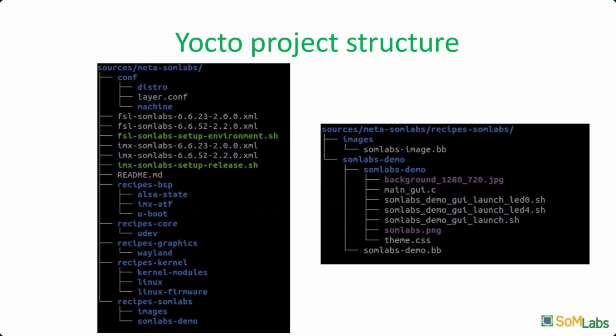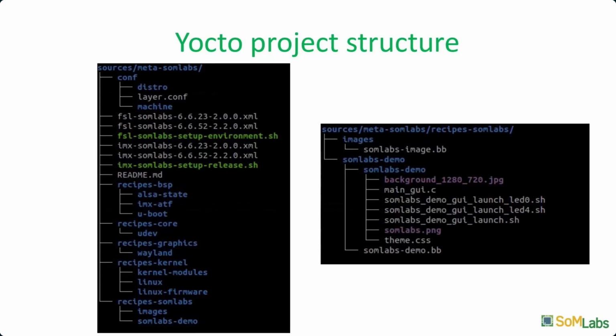In each meta layer we will find different recipes containing software packages, and each directory within the recipes directory contains some particular software component, like an application, a library or another Linux tool that is used in the final image or during the build process.